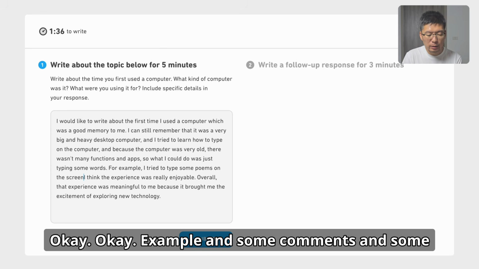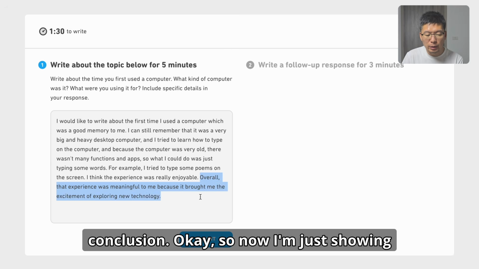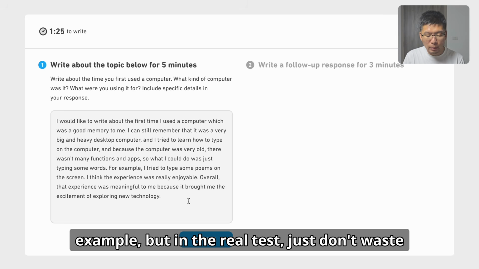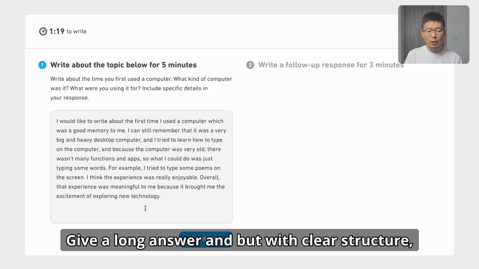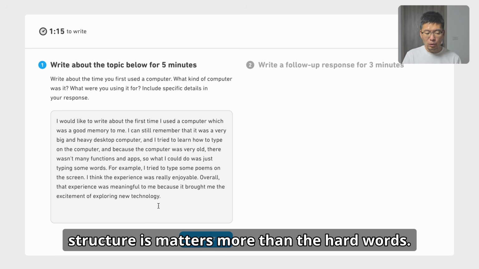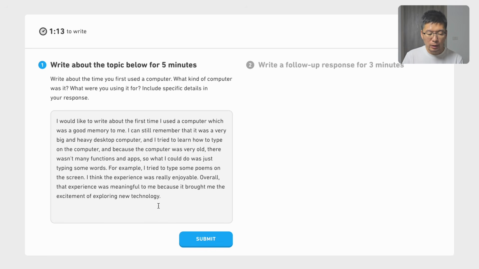Okay, example and some comment and the conclusion. Okay, so now I'm just showing example, but in the real test, just don't waste the time. Try to write as much as you can. Okay, give a long answer, but with clear structure. Structure matters more than the hard words.